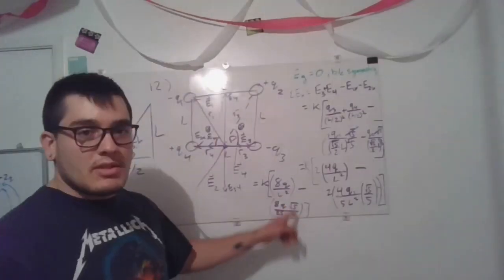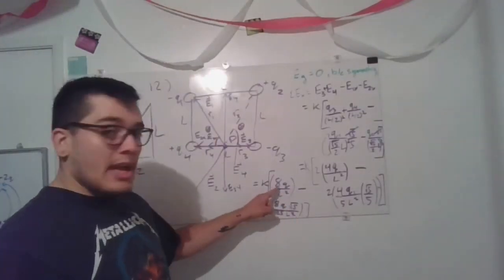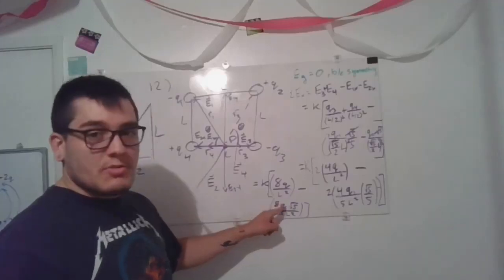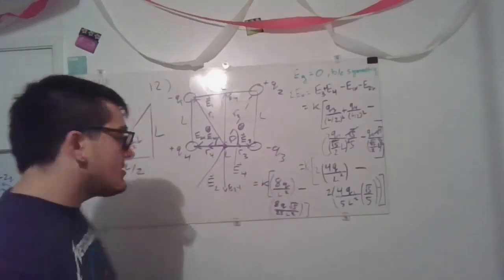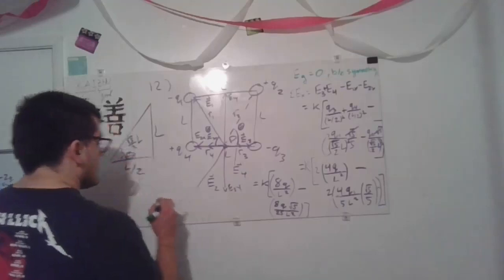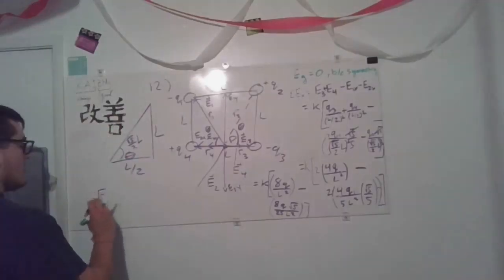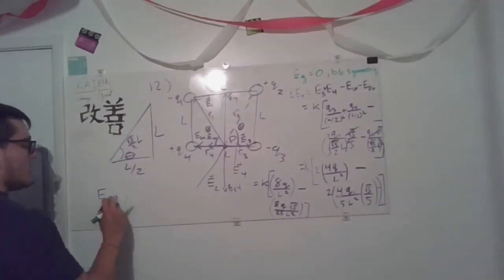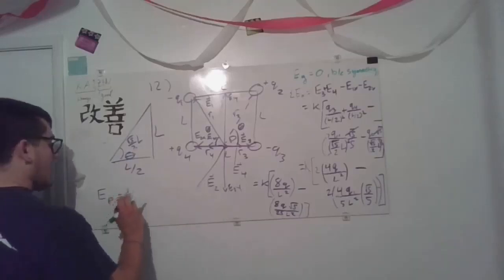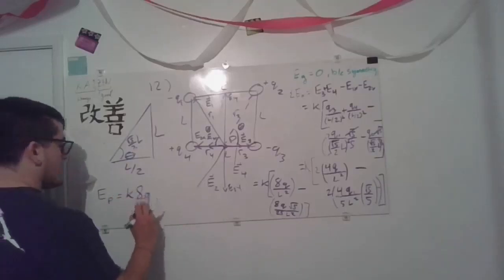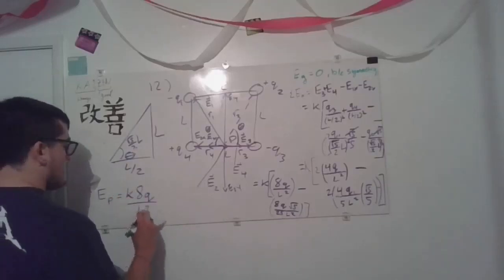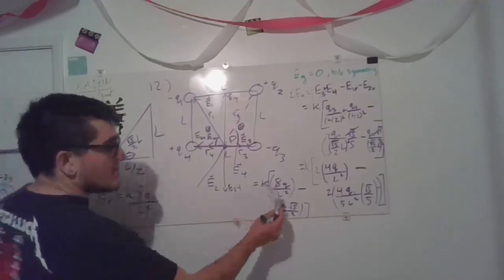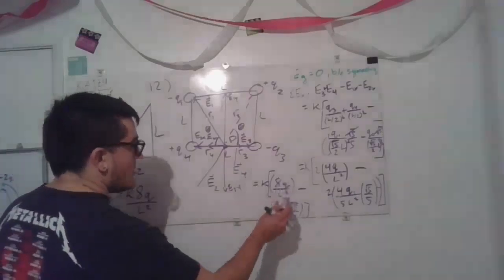What do we have in common between these two? I have an 8, a Q, and an L squared. So I can pull all that out, right? So then E at B is K times 8 times Q over L squared. And then I'm taking literally everything out of this, right? 8Q and L squared.